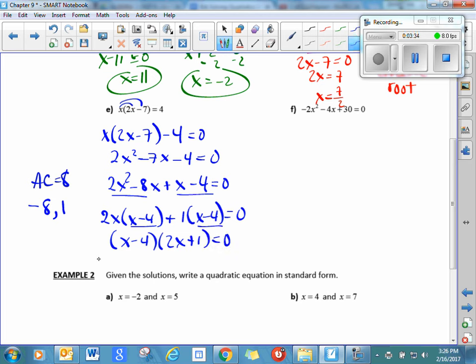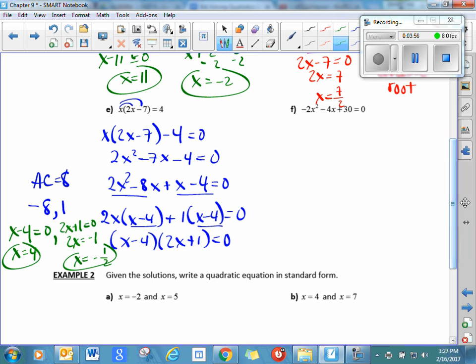If you set both of these equal to 0: x minus 4 equals 0, x equals 4. And the second one is 2x plus 1 equals 0, 2x equals minus 1, x equals minus 1/2. Those are my two solutions.